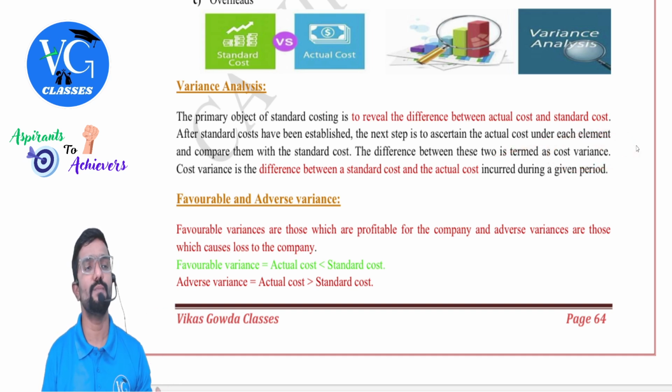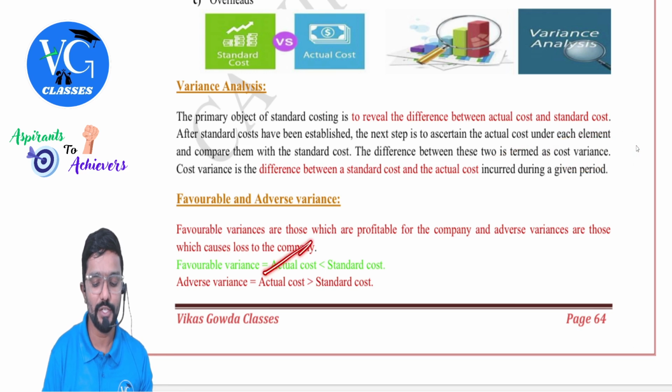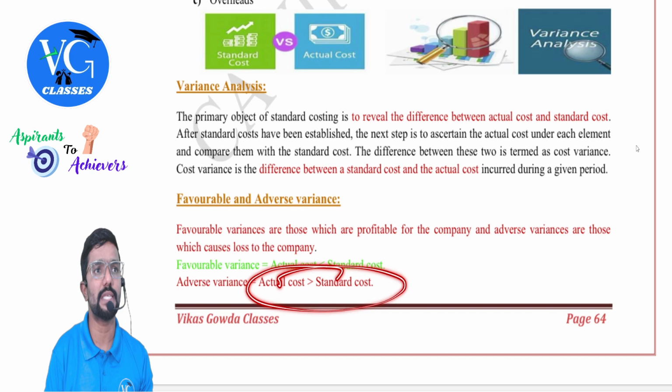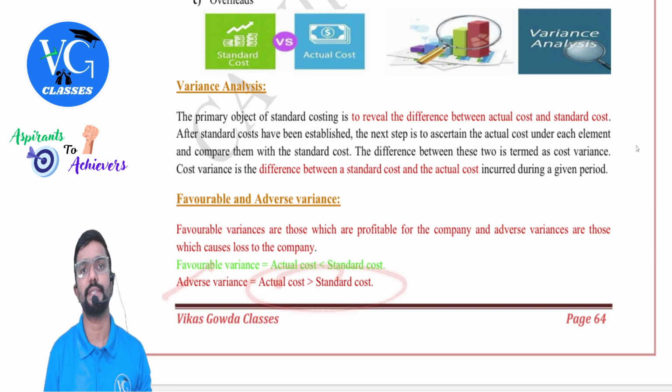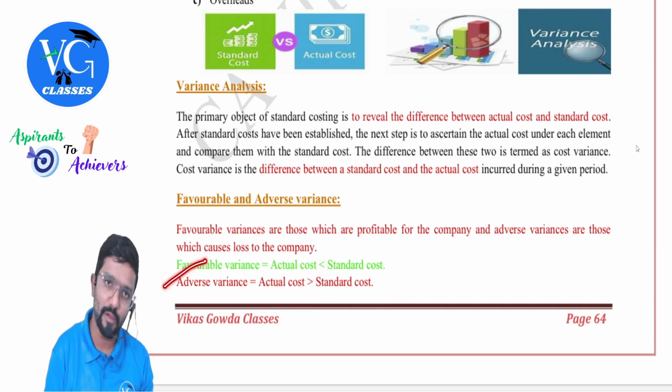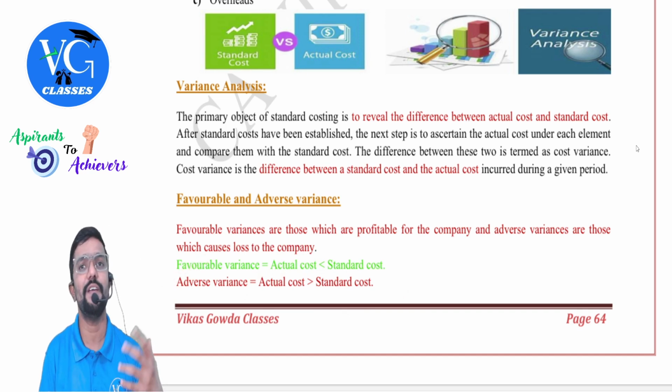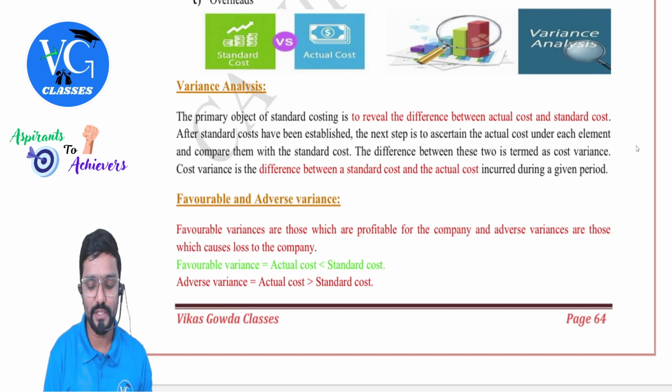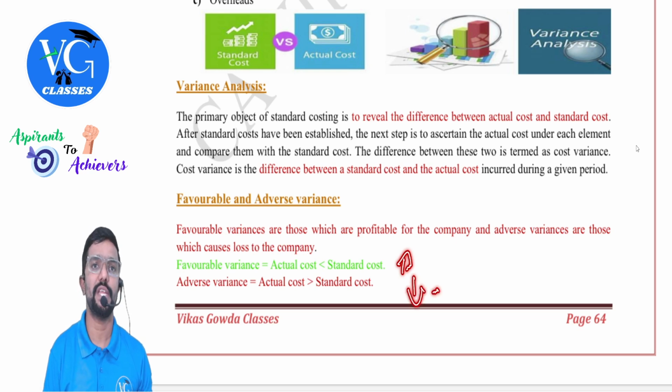If actual cost is more than standard cost, then we call it adverse variance. If actual cost is less than the standard cost, then also we will have variance, but that is favorable variance. Favorable variance will increase the profit of the organization, whereas adverse variance will bring down the profit because we have incurred more costs.